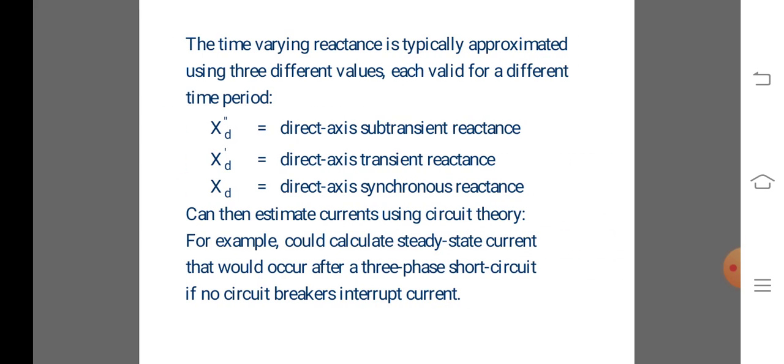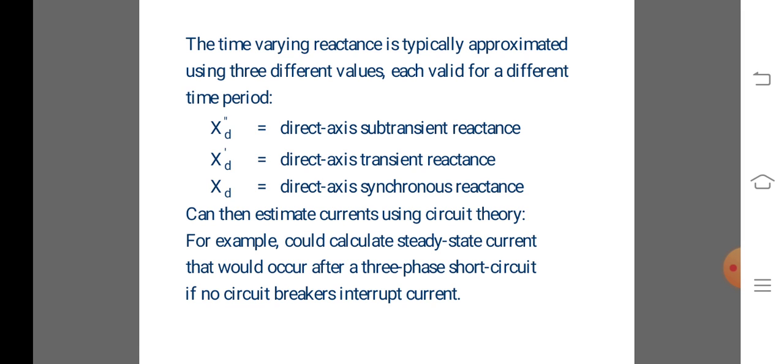So the time varying reactance is typically approximated using three different values, each valid for a different time period: Xd double dash, Xd dash, Xd. Xd double dash is the direct axis subtransient reactance, Xd dash is the direct axis transient reactance, and Xd is the direct axis synchronous reactance.